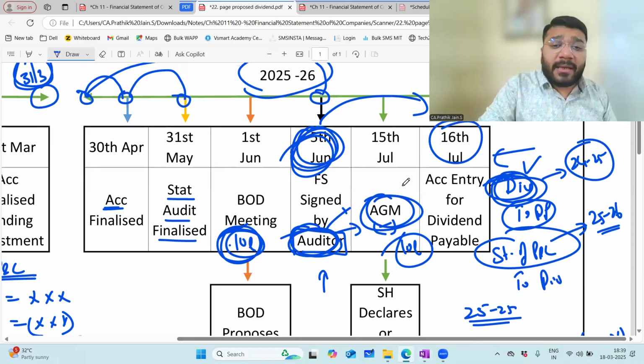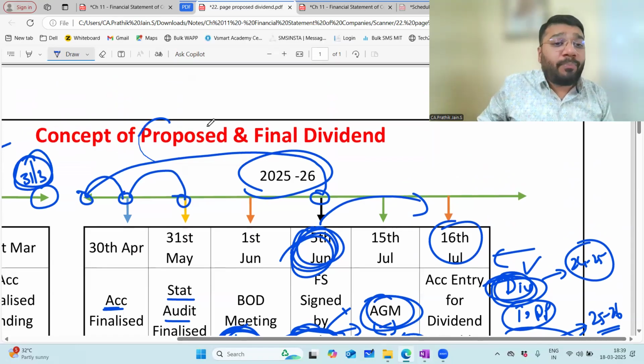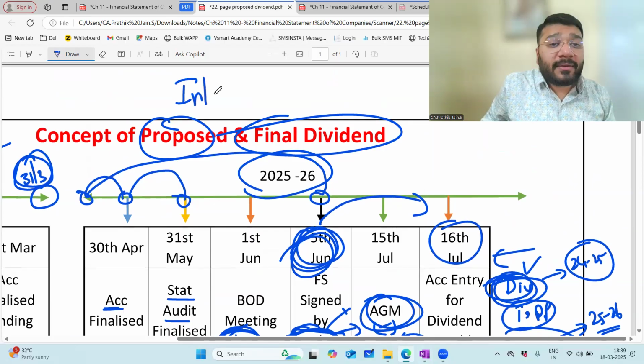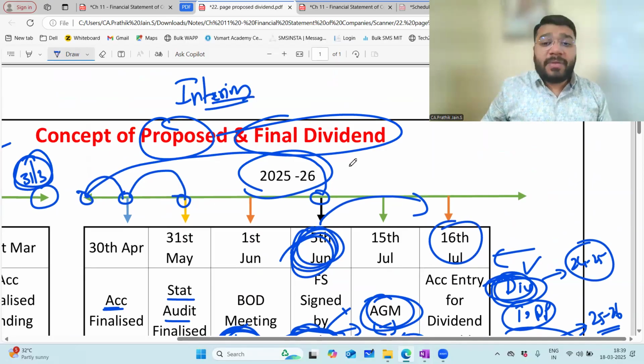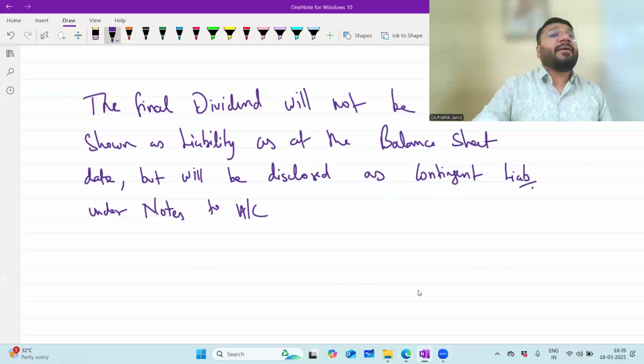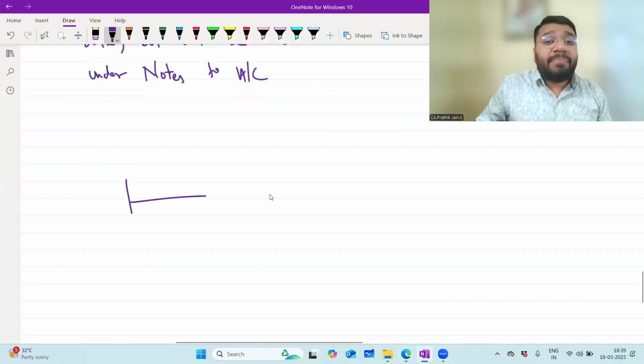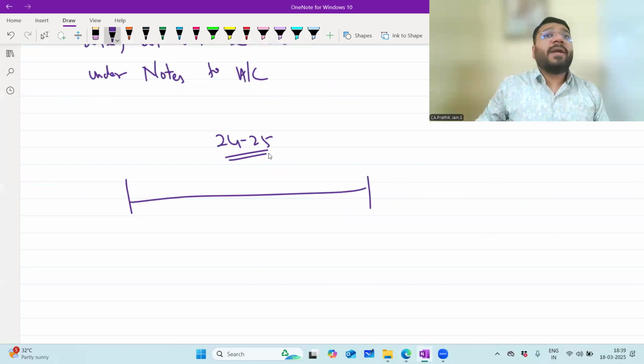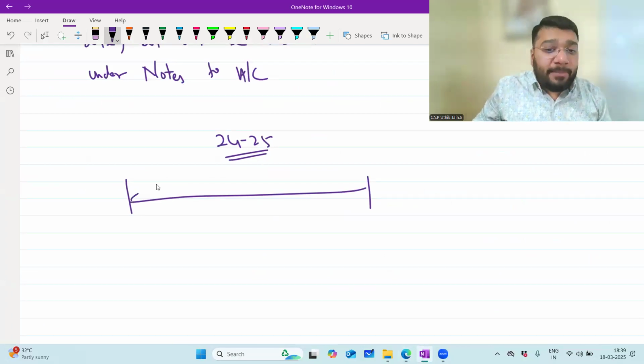Now, this concept, what I discussed, is the concept of the proposed and final dividend. But there's something called interim dividend. Interim dividend means what? The dividend that the company gives in between the year. For example, let's say in the current year, 24-25, the company did exceptional performance from April to June.